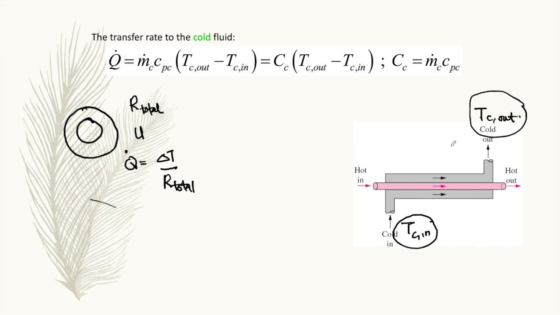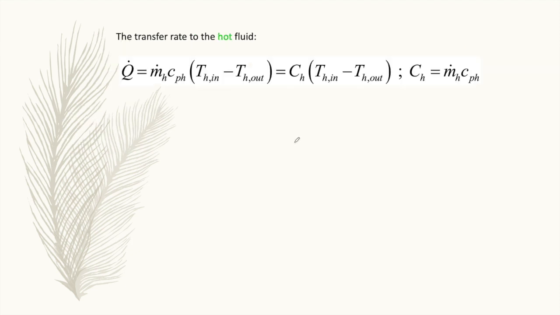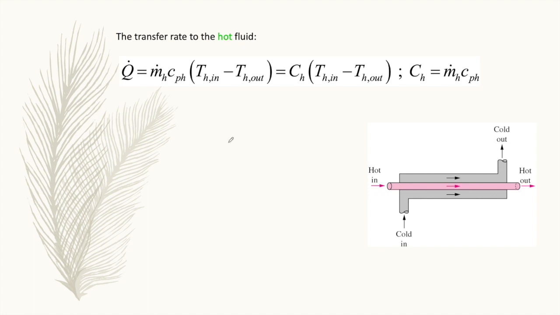This Q dot is to understand how much energy is being absorbed by the fluid, so therefore you will use this equation. And for the hot fluid, here we have Th in and Th out. So you will understand how much energy is being released by the hot fluid to the cold fluid.